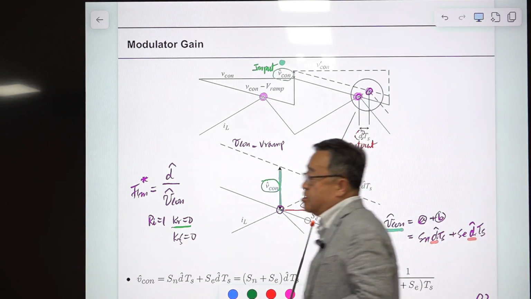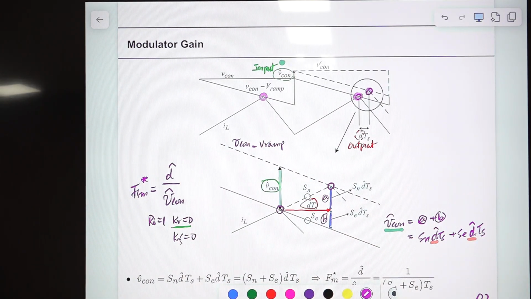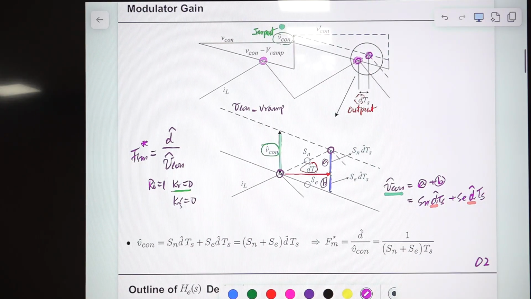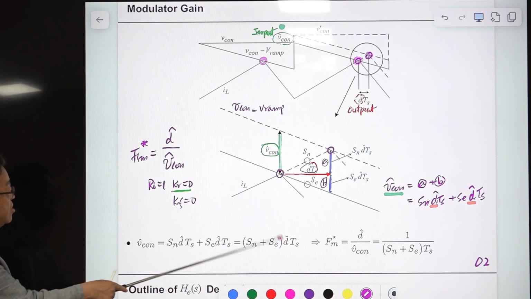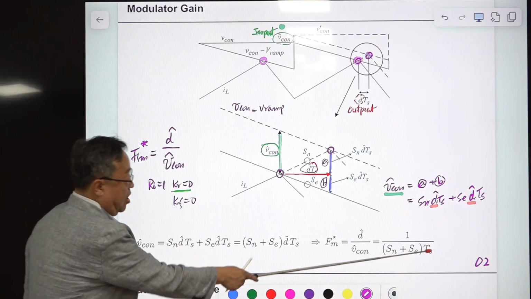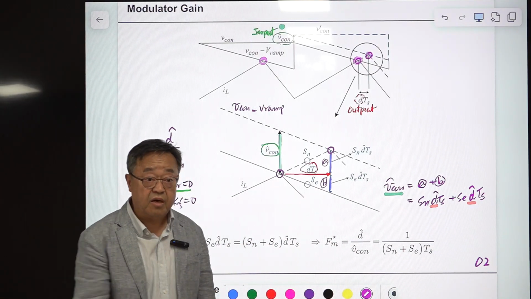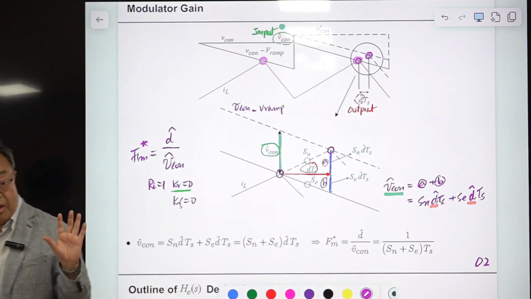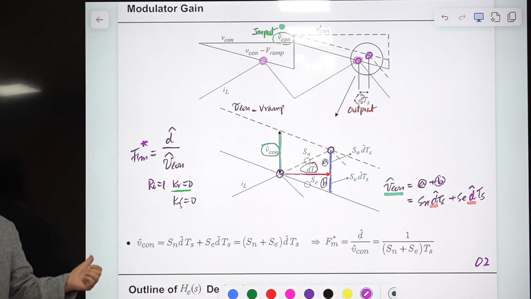So this equation is rewritten down here, then you move this to the other side. This is the modulator gain, Fm star. This is so simple, okay?